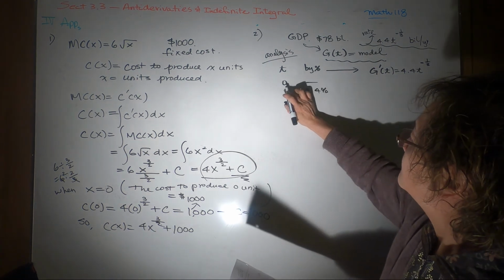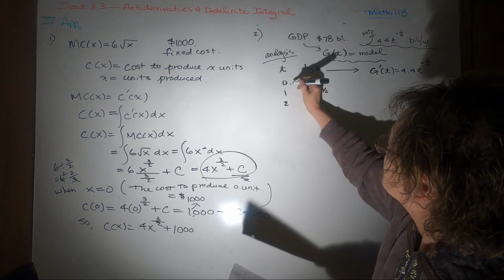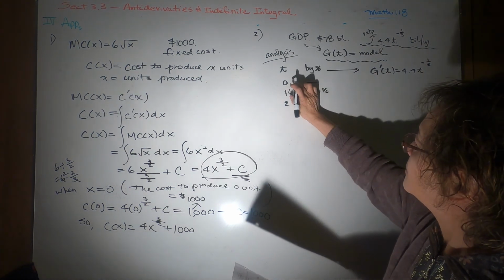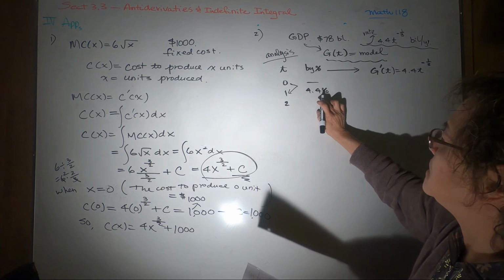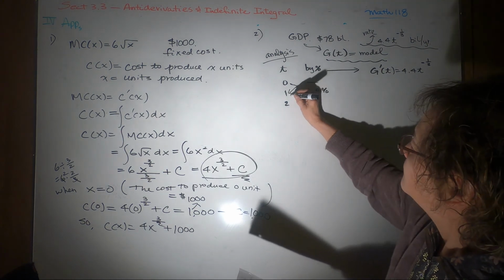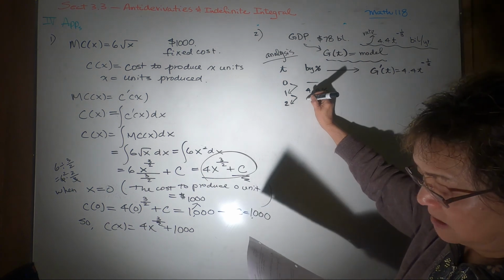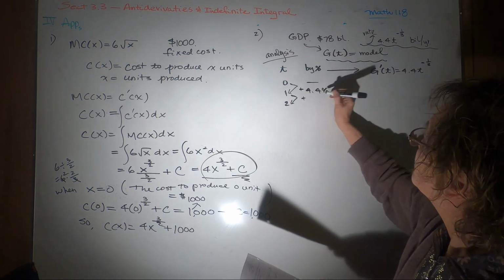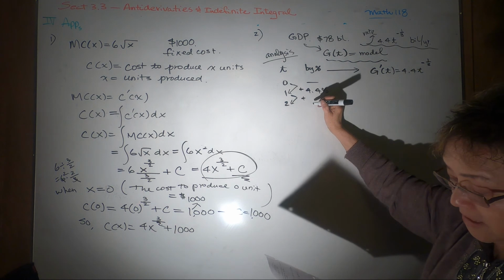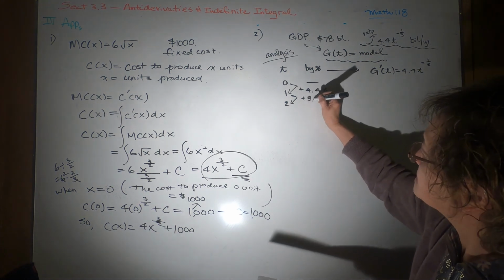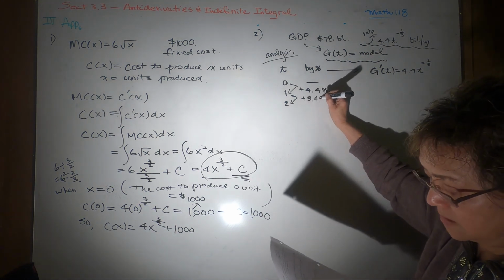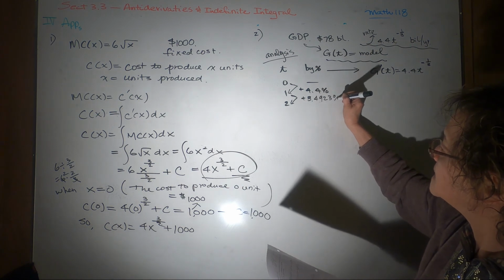From year 0 to the first year you have this, and from the first year to the second year, I'm just plugging in the number. You use your calculator to get all these numbers. 4.923%.